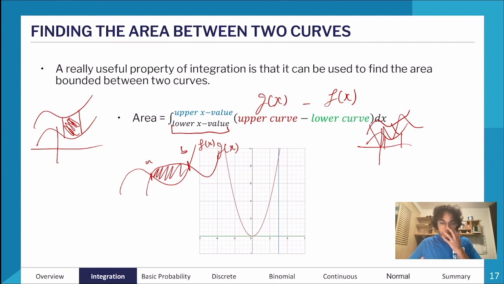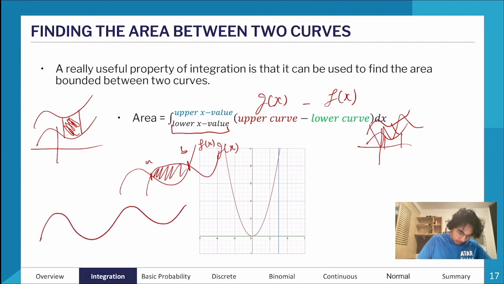Now, let's say I wanted to take the integral of a function that's like this from maybe here to here. So call this b again and a again.